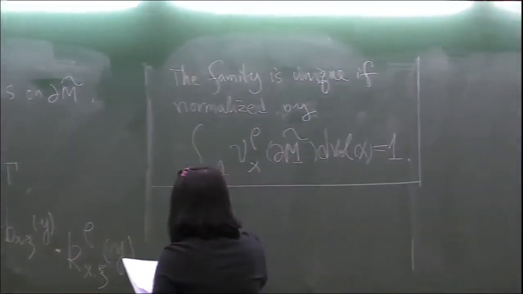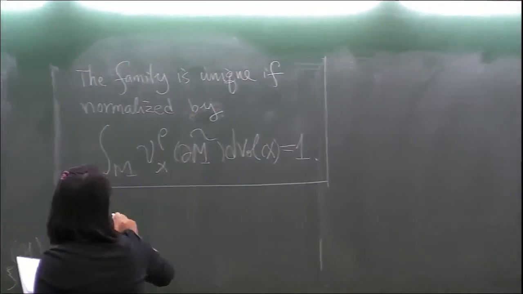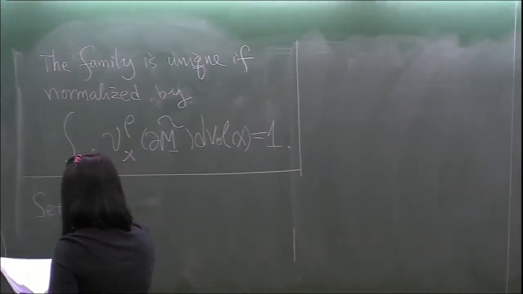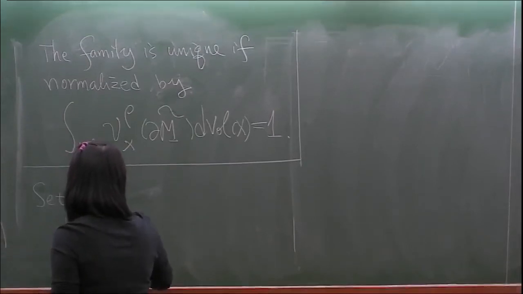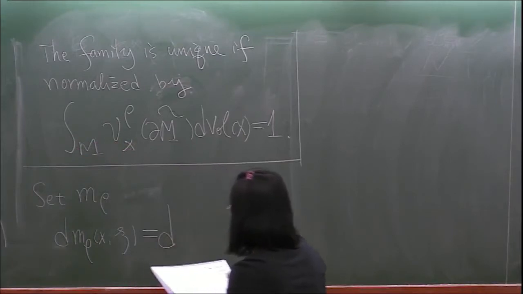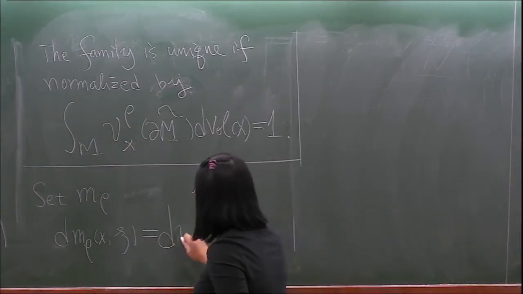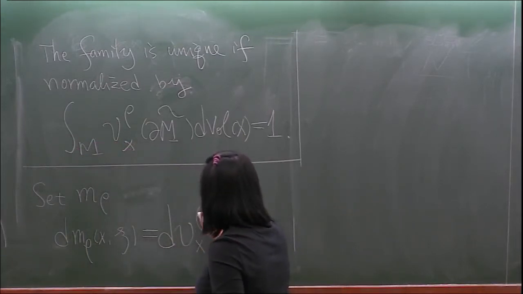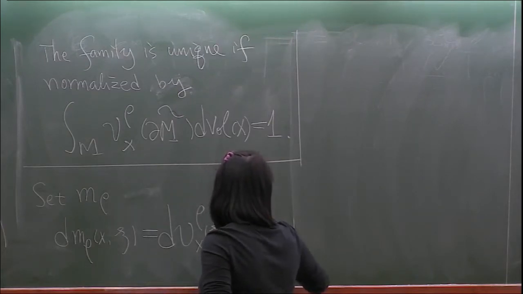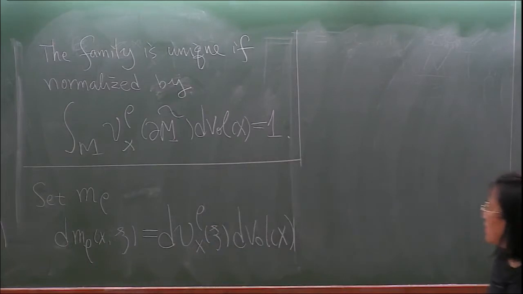I want to say that if we set this m rho such that dm rho at xc is d nu x rho c, then this m rho will satisfy what?